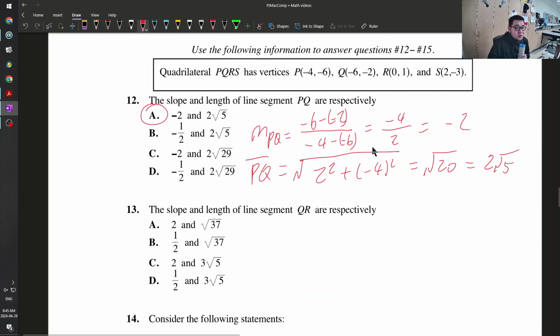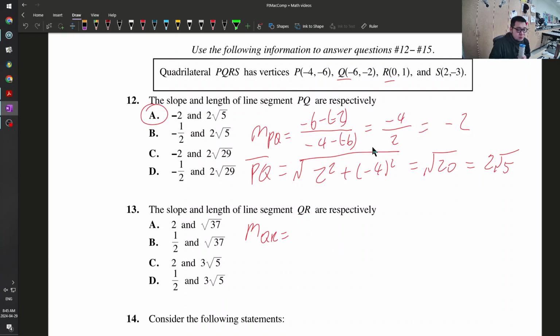Slope and length of QR. PQ, and then QR. Okay, let's see. So QR is, come on, think. Same thing, so the slope of QR is equal to negative 6 minus 0 over negative 2 minus 1.